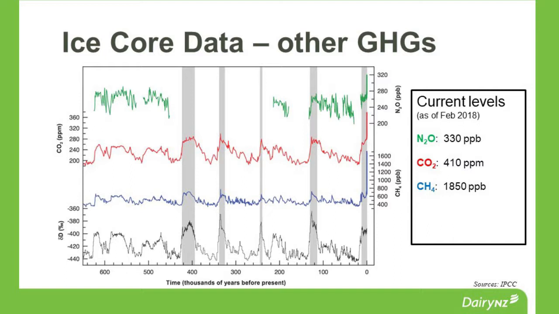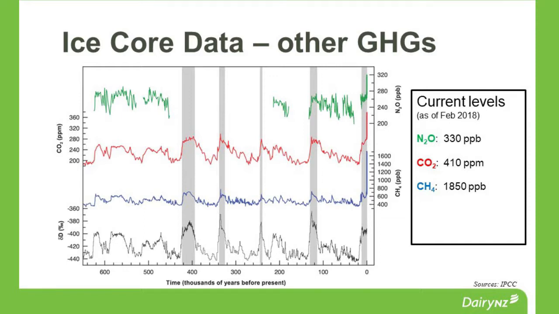And then they all have spiked since the Industrial Revolution. For methane, this spike is actually over 270% higher than what has been previously observed. These are the current levels at the moment. So we're at 410 parts per million for carbon dioxide and approaching 2,000 parts per billion for methane.